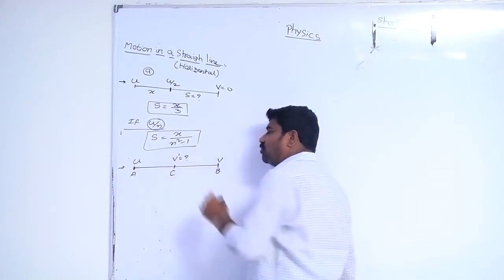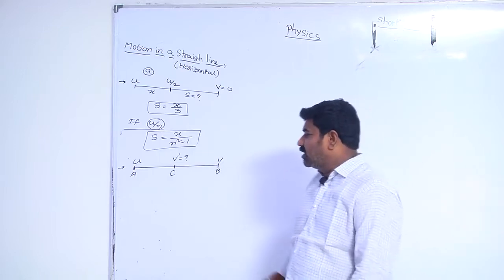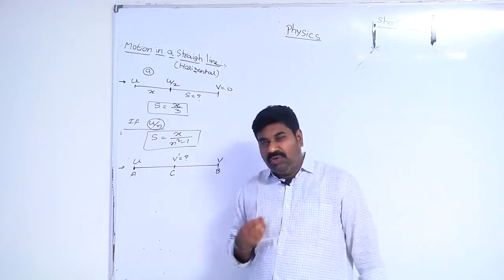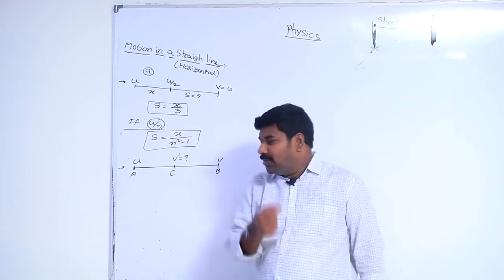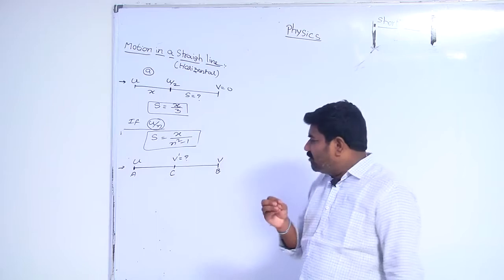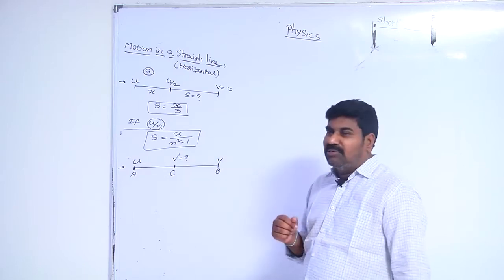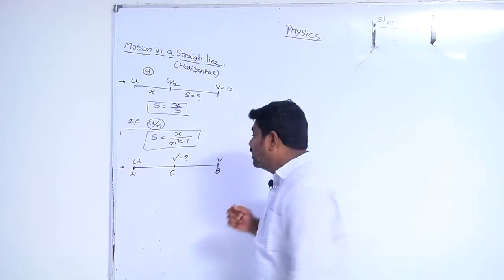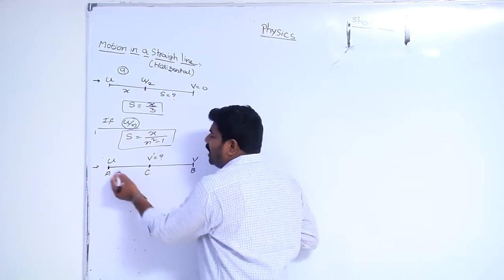It crosses point A with a velocity u, crosses point B with a velocity v, then what is the velocity at the midpoint of its path?